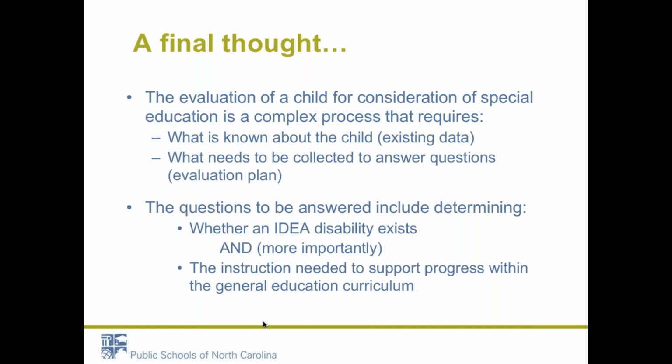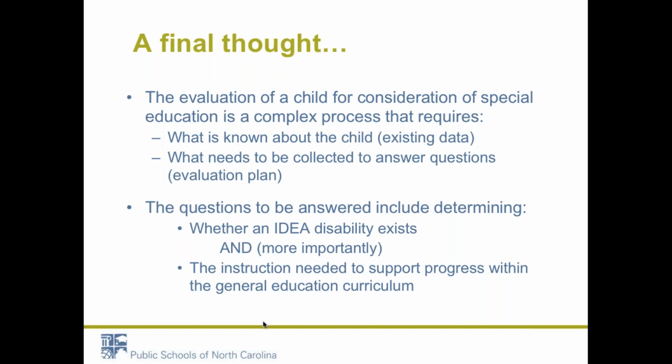And you could see those last bullets I've already interwoven into what I was talking about, that we need to be able to answer questions at the end of that cycle, at the end of the evaluation process. We should be able to clearly answer questions around whether an IDEA disability exists and the instruction that might be needed or is needed to support progress within the general ed curriculum for that student.